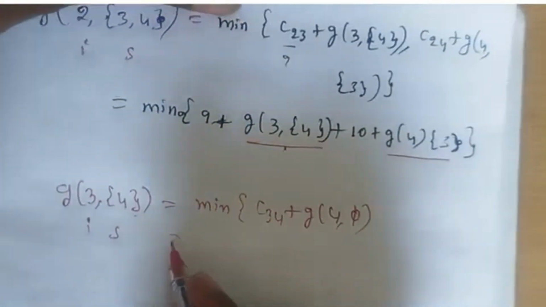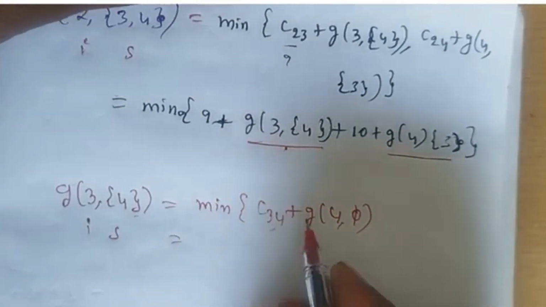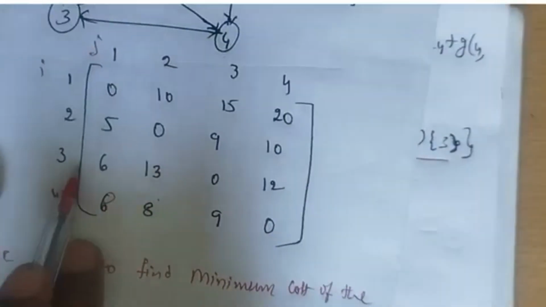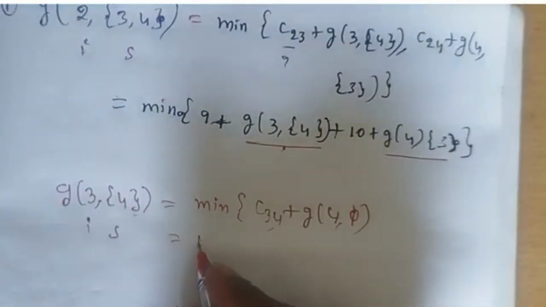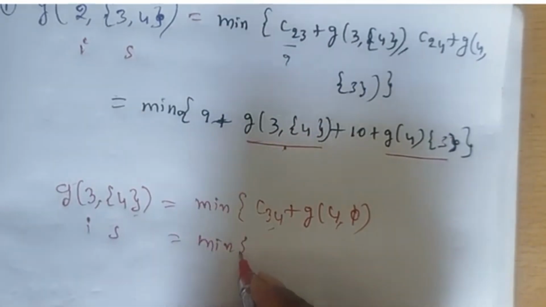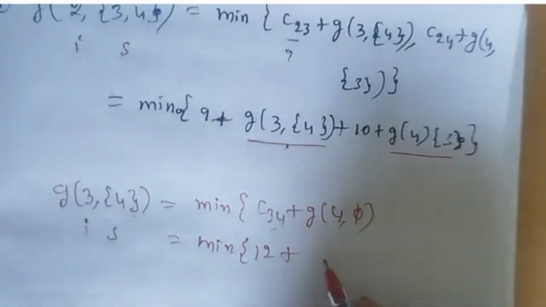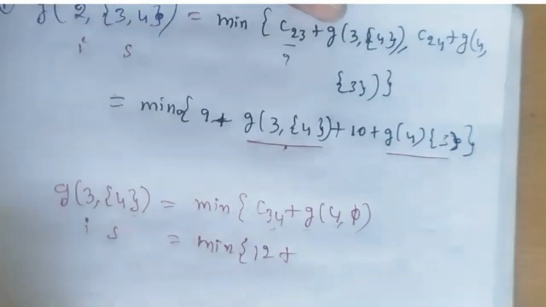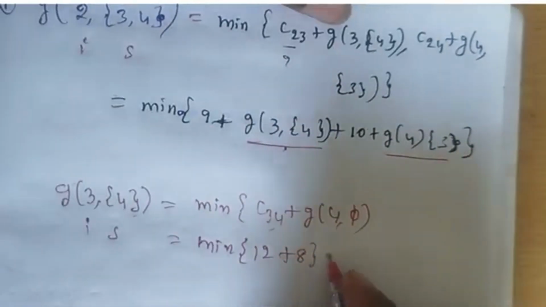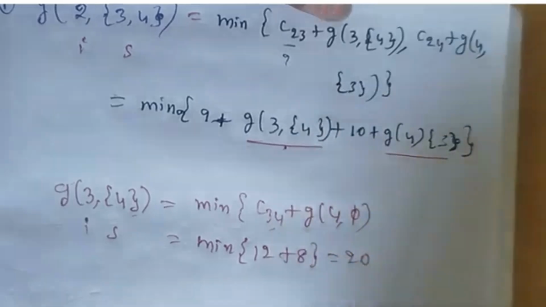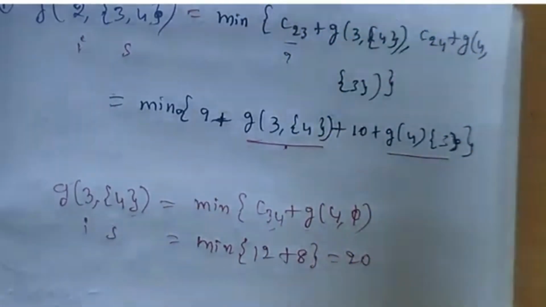What is the value? Minimum of C34. The C34 value is 12. Okay, minimum of 12 plus, and what is the value here? 8. 4 pi is 8. We know 4 pi value is equal to 8. So what is the value? Total is 20.